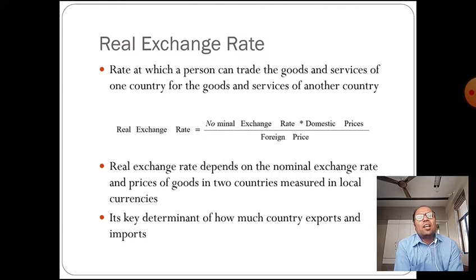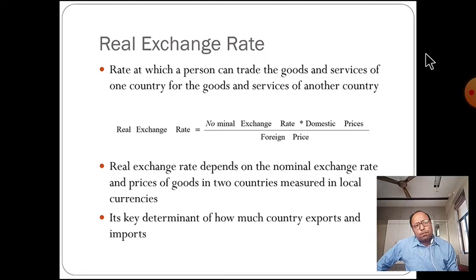This real exchange rate is the key determinant of how much a country will be able to export and import, because every time you export goods, you need to consider the prevailing price in the global market. So let's understand this with the help of an example. Suppose the nominal exchange rate between India and US is $1 is equal to 80 rupees.